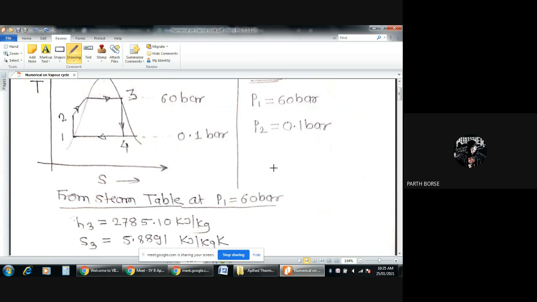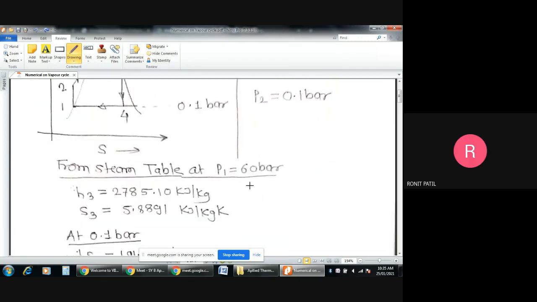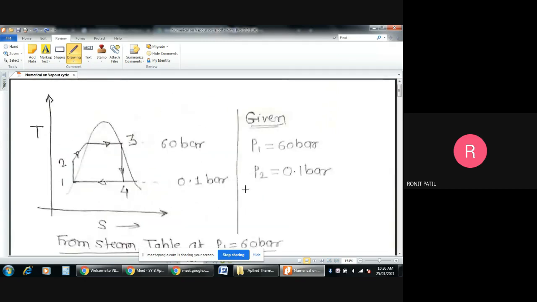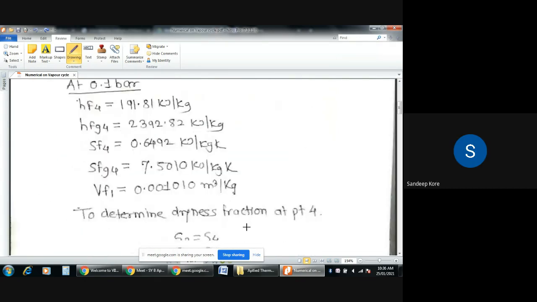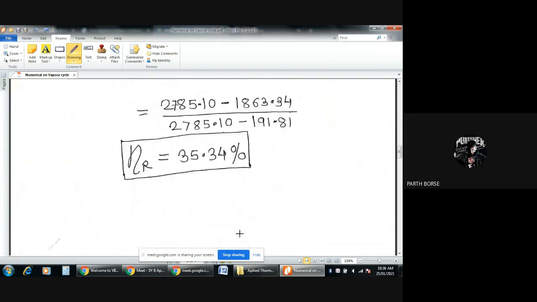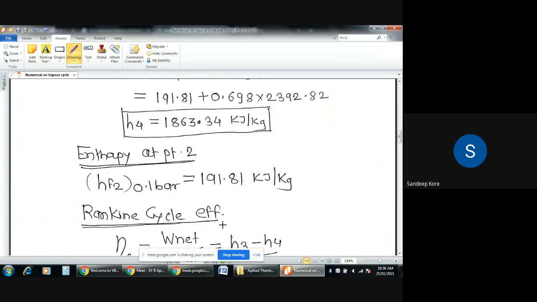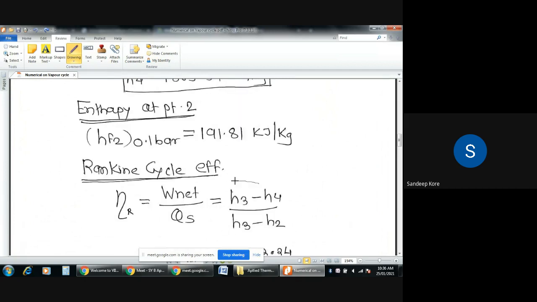Sir, but in the question, the values are different for the turbine work and the net work. This is the first question; in the second question the values are given. I'll go to the second question. This turbine work is H3 minus H4.